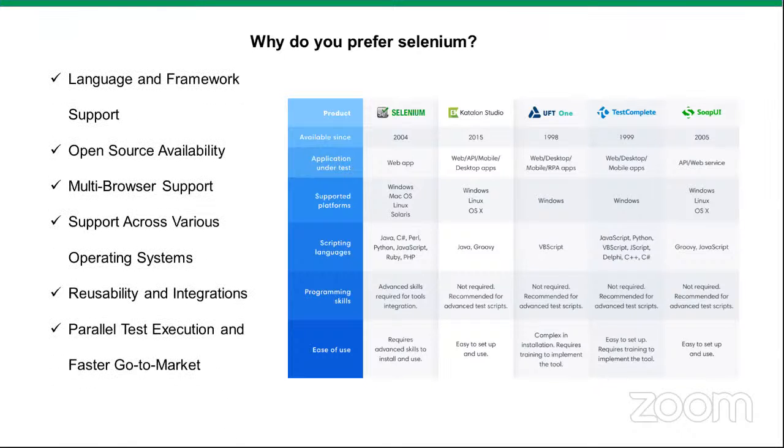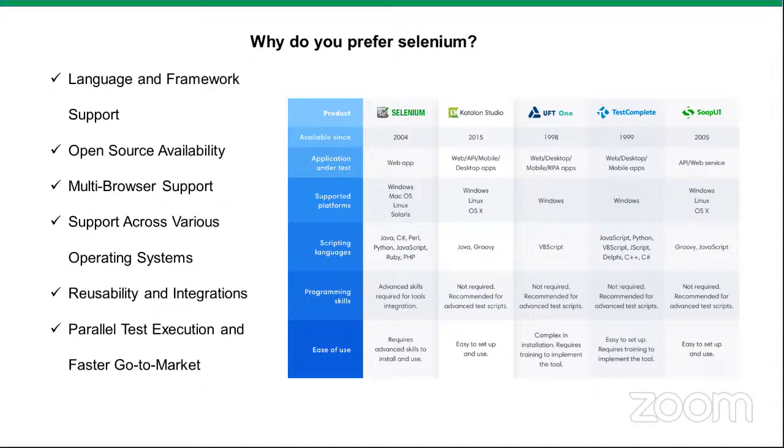Selenium supports the maximum number of programming languages and frameworks. It is completely open source, and it supports the maximum number of browsers. Selenium supports various operating systems. It has high reusability and supports the maximum number of integrations.